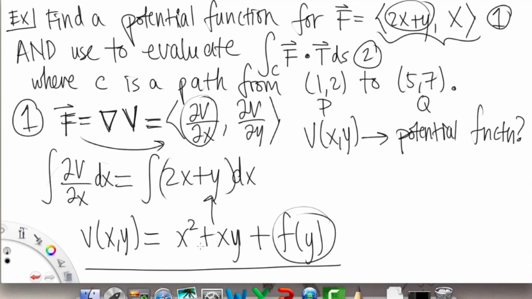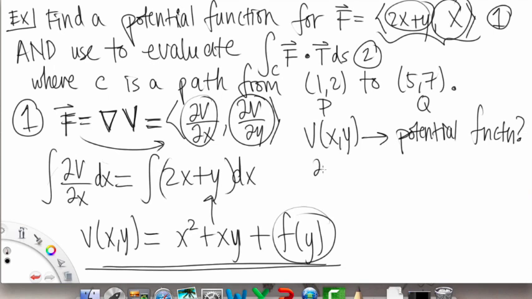At this point, this isn't definitely our potential function. It is a candidate for one. So this is like one part of it, but now we have to utilize our second component.